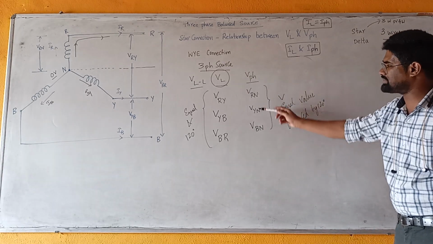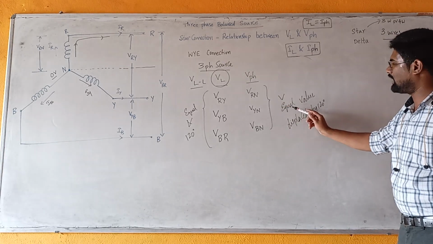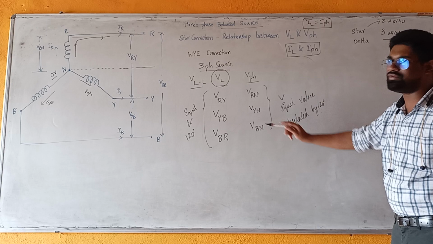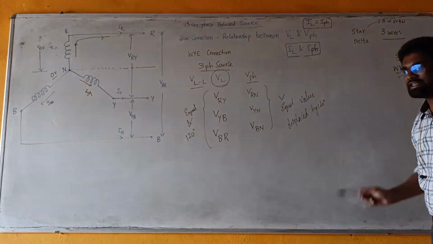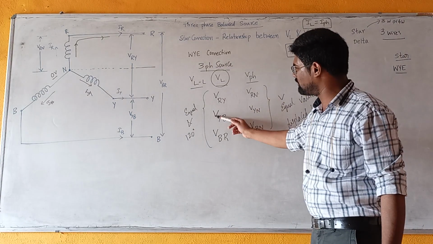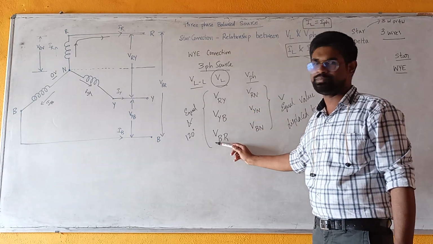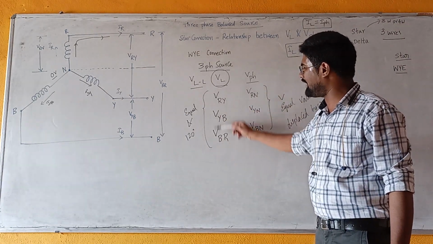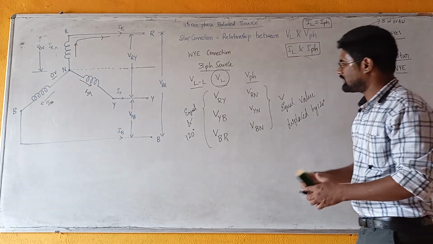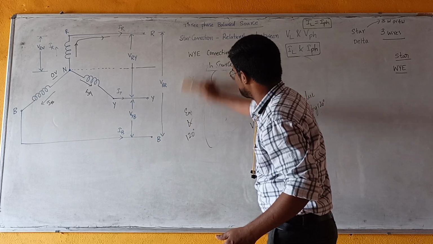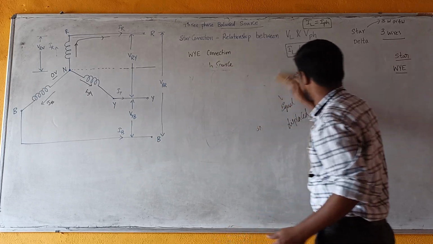I mean, the three phase voltages are same and phase angle between any two phase voltages is 120 degrees. Similarly, we can say the three line voltages are also same and phase angle between any two line voltages is 120 degrees.